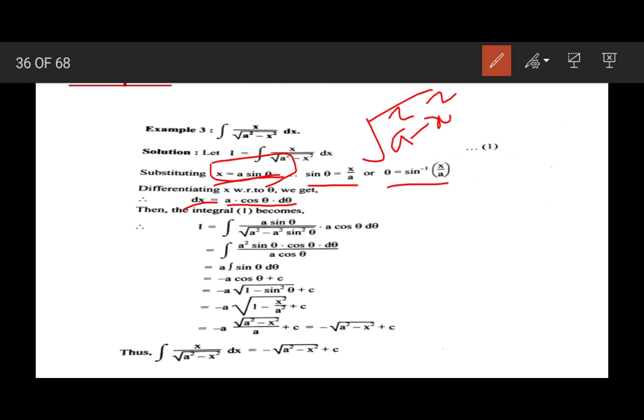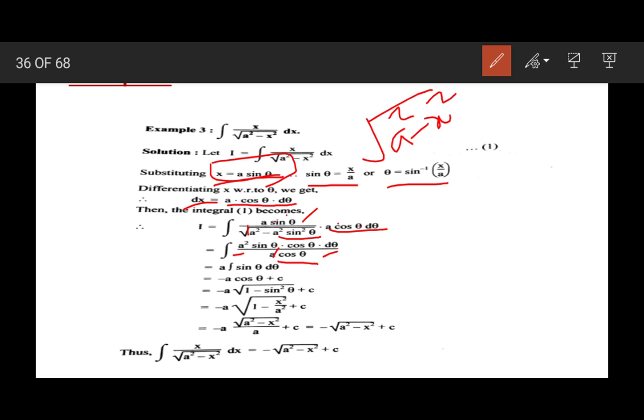Now again I am going to substitute this in I. So I will get a sin theta upon root of a square minus a square sin square theta into dx. dx is a cos theta d theta, right? Now a into a, so it will be a square sin theta cos theta upon the denominator, which is again a cos theta d theta.